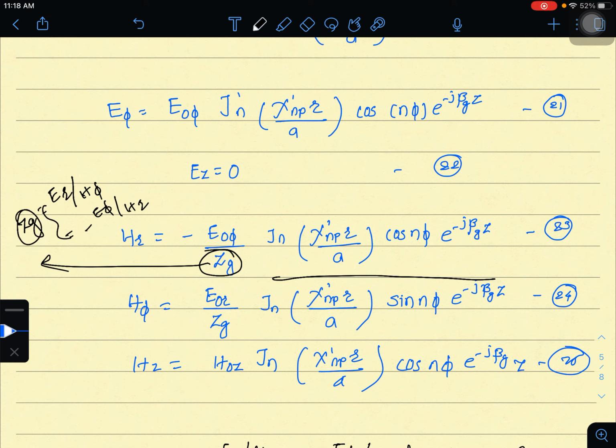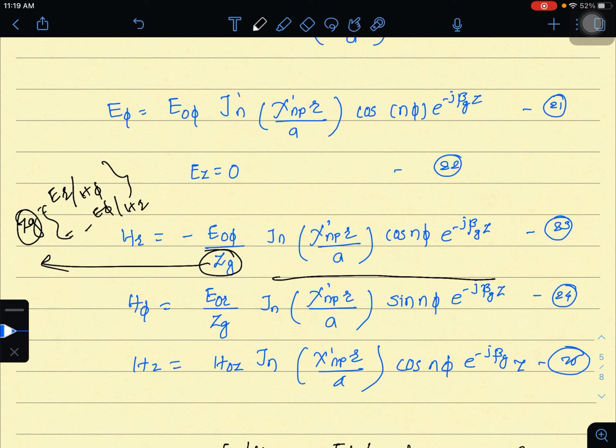These are used for this component, and it is just replaced by the wave impedance in the guide. Just a replacing factor, that means it is not a different kind of part coming here. It is the same part from the same topic, just we are replacing these ER by H phi by the ZG, not GZ, ZG.